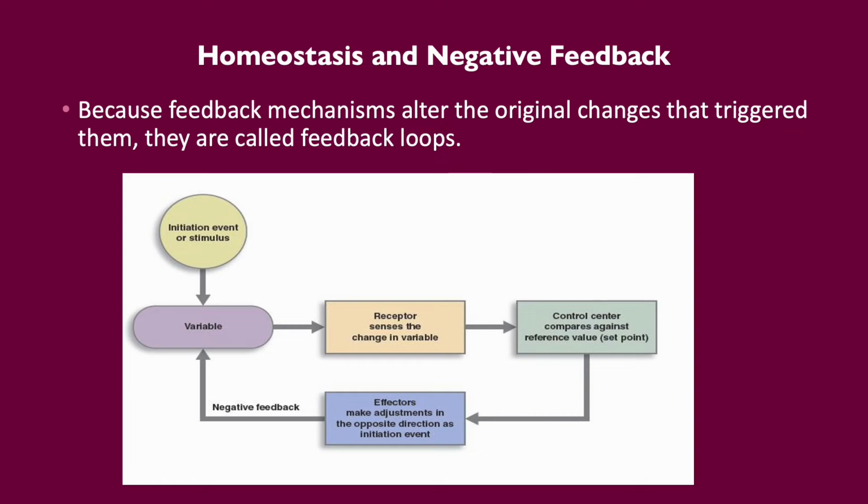Now the variable would be, okay, the temperature has dropped to 67 degrees. The receptor, which is your temperature sensor, now says, it's not 70 degrees anymore. It's dropping. So the thermostat says, well, let's turn on the furnace.